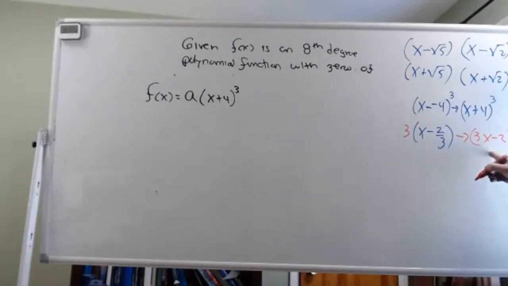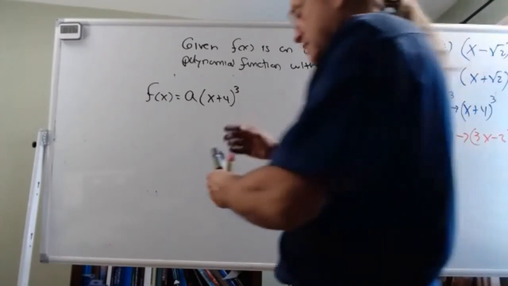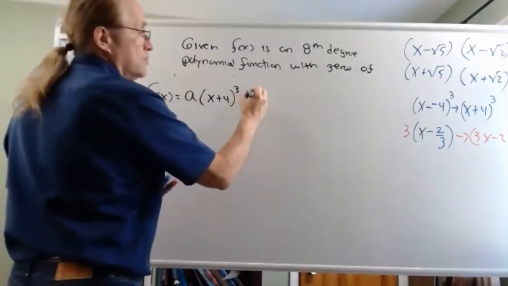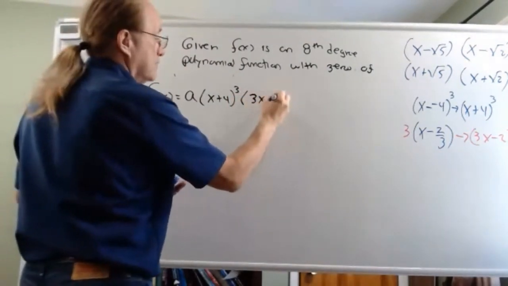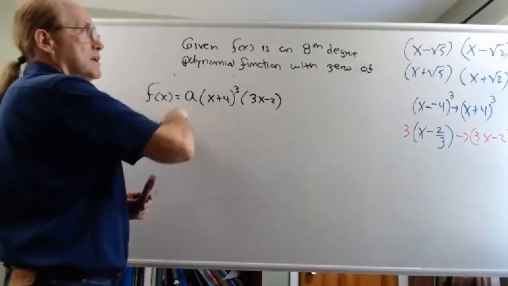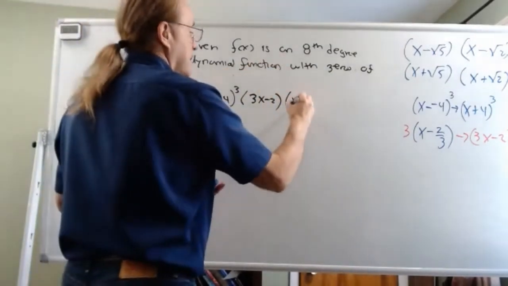Both of those would have the same 0. Now you can put the x minus 2/3, but just to make it look a little neater, I will put 3x minus 2. That is a factor of my function. And then I also have these.